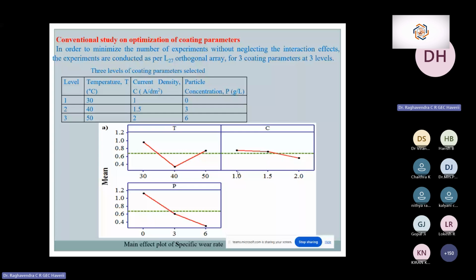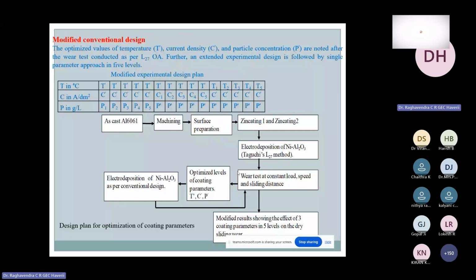In order to optimize the coating parameters, we generated a new method, extending the Taguchi method into an advanced technique. I don't want to go into detail with this. I just modified the conventional method.